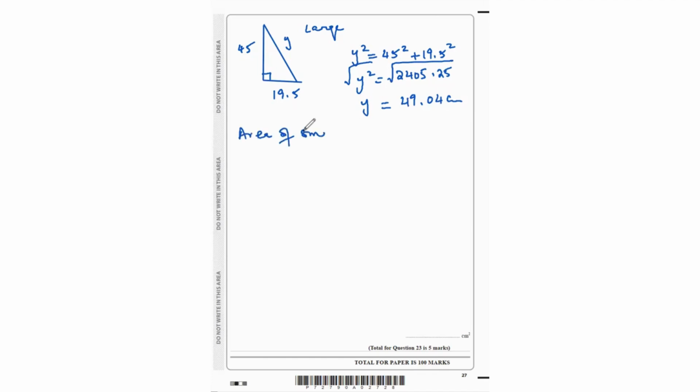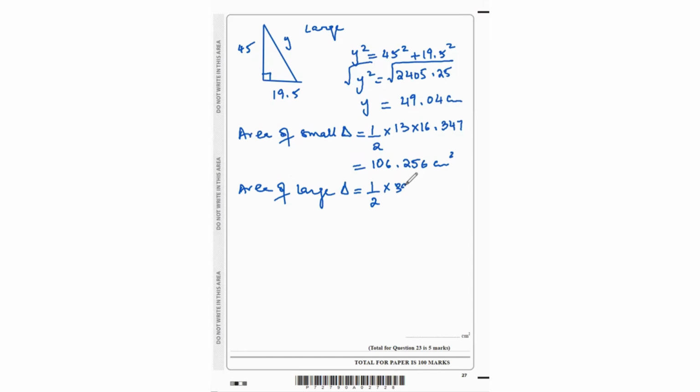Area of small triangle, that's going to be 1 over 2 times the base, which was 13, and the height was 16.347. That's going to give us 106.256 centimeters squared. Then area of large triangle, that's going to be 1 over 2 times 39 times 49.04.